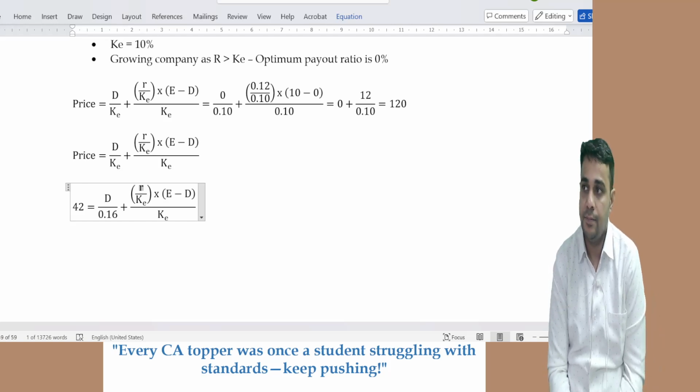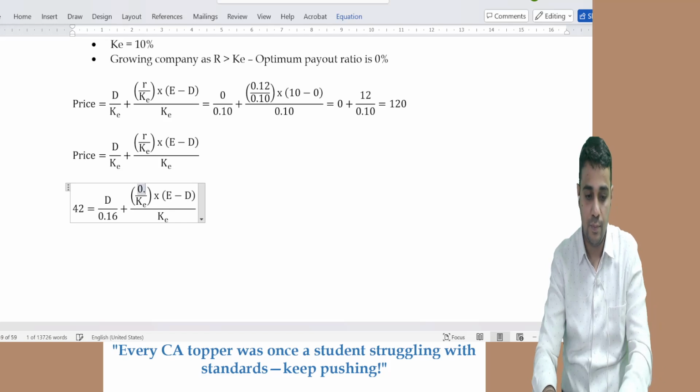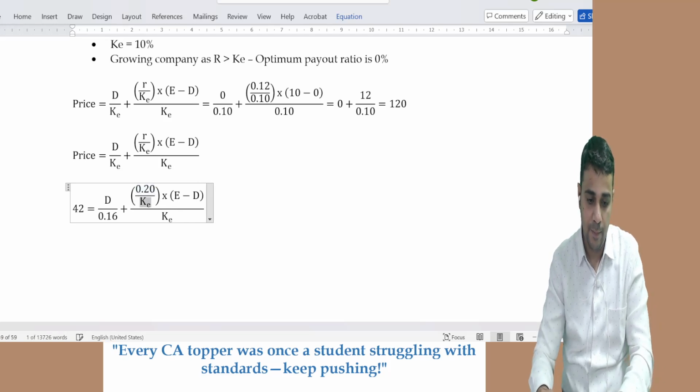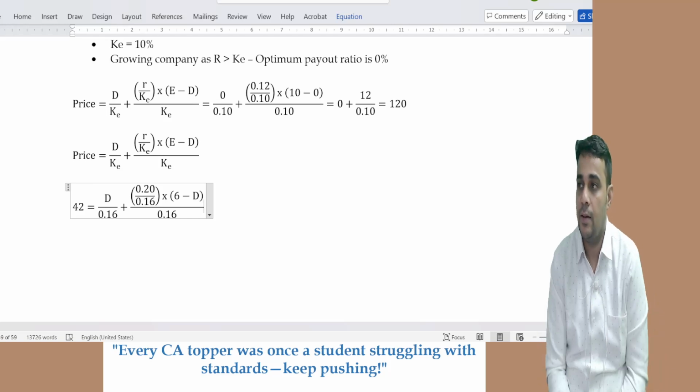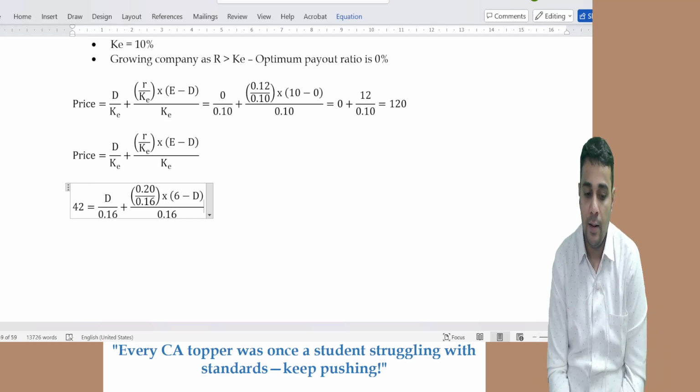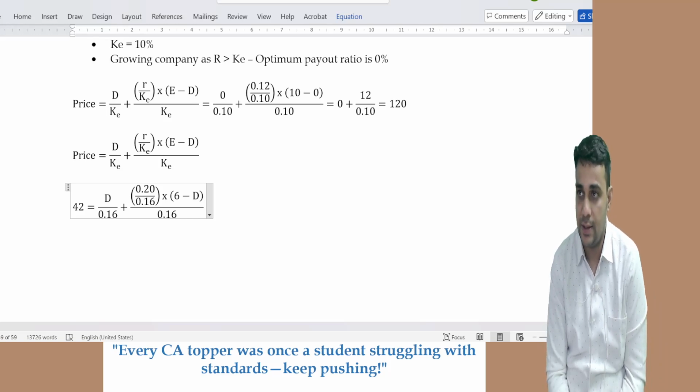R divided by 0.16. E is 6 minus D. Keep 0.16 as the common denominator and take it to the other side. 0.16 is common for both.